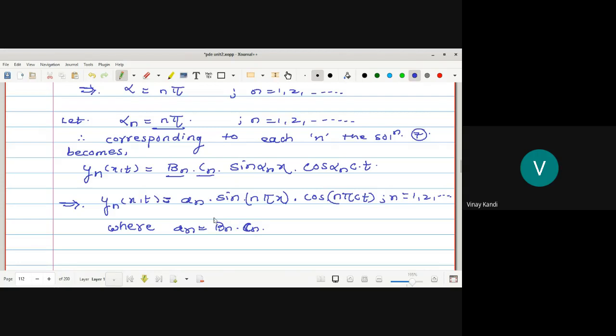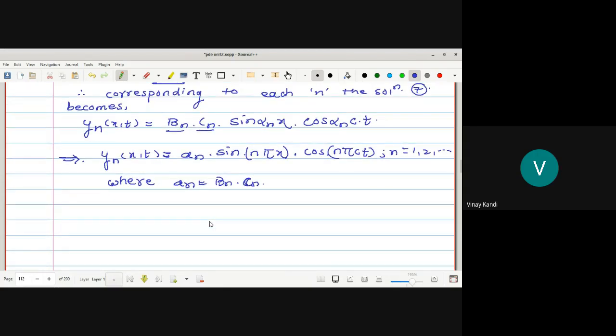Now again by principle of superposition. What is the superposition principle, as I told you yesterday? I sent you the image in the group. If we have values f1, f2, f3, we can write f is equal to f1 plus f2 plus f3. So here, for each value of n we get different solutions y1, y2, y3. So we can write y of x t is equal to the sum of all the solutions: y1 of x t plus y2 of x t plus y3 of x t.